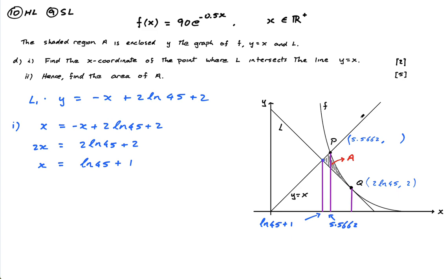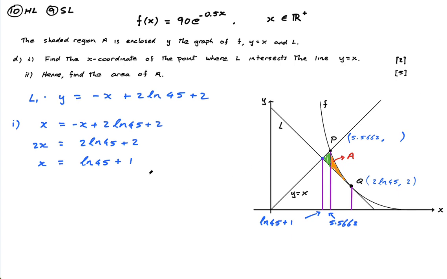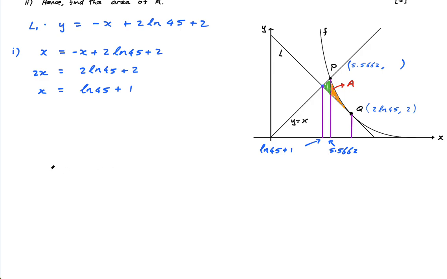Okay, so what we're going to do is split it up into this area here, and then this area here. So two areas that I'm going to find. To find the green area, I'm going to do it down here, guys, because this is going to be a big integral.